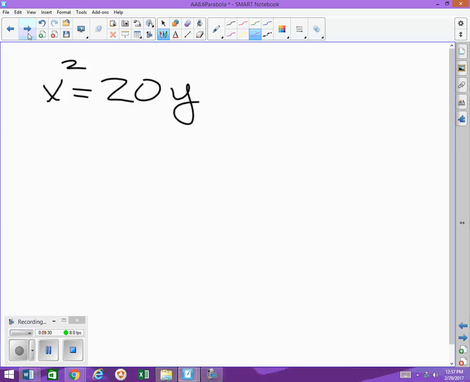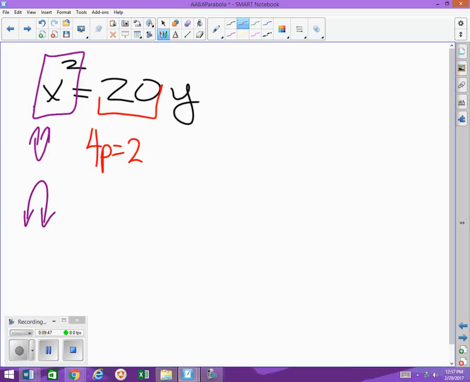Let's look at our second example here. X squared equals 20y. So this one, because it is x squared, it has to be an up or a down type of parabola. And since it's 20y, this right here means that 4p must equal 20. So we divide by 4, and p is equal to a positive 5.